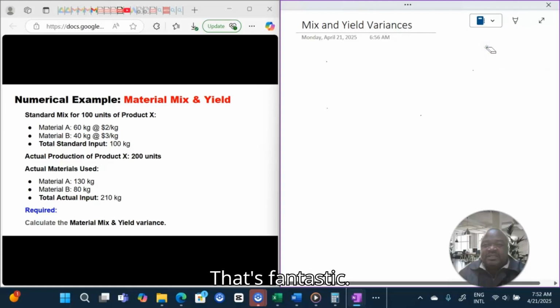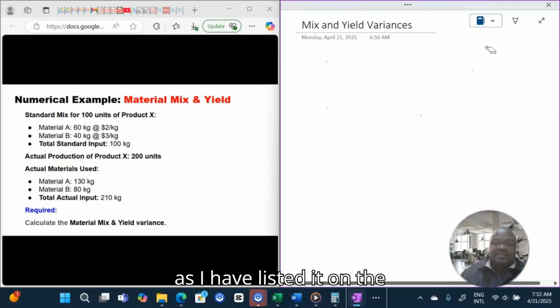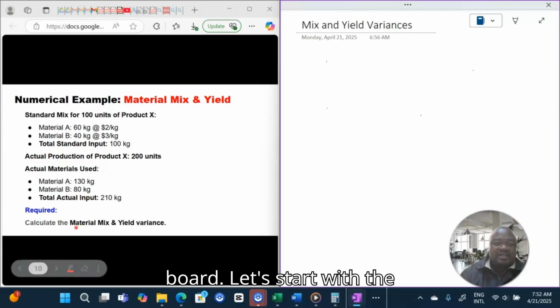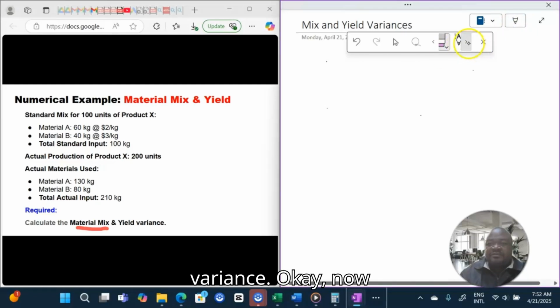That's fantastic. Now we know the formula as I have listed it on the board. Let's start with the material mix variance.